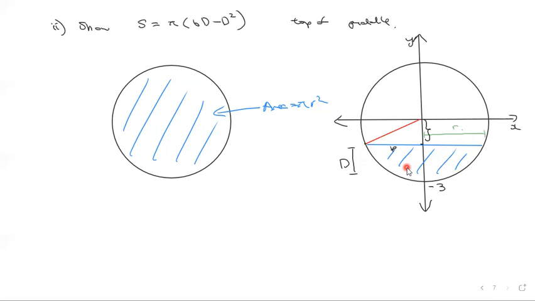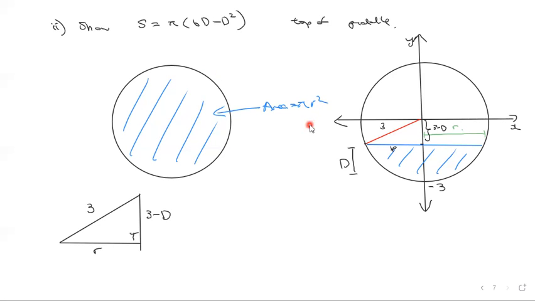The distance is 3 minus d, and this distance is the radius of the circle, which is 3. Which means we're looking at a right angle triangle where this is 3, this is r, and this is 3 minus d. We're trying to find r squared because we're trying to find pi r squared.